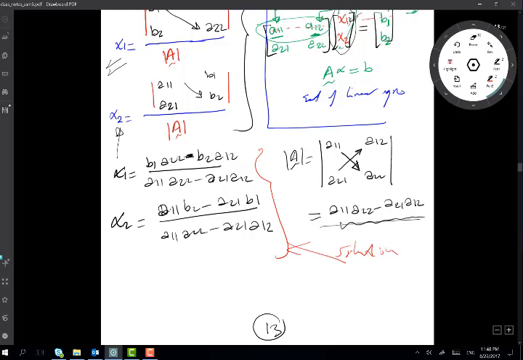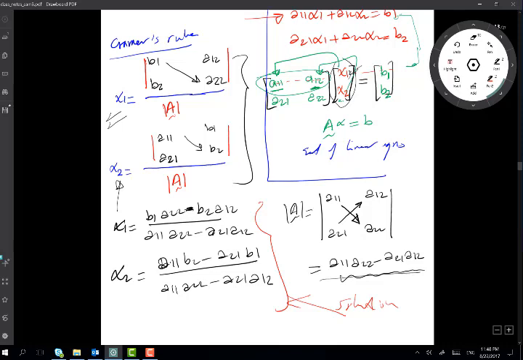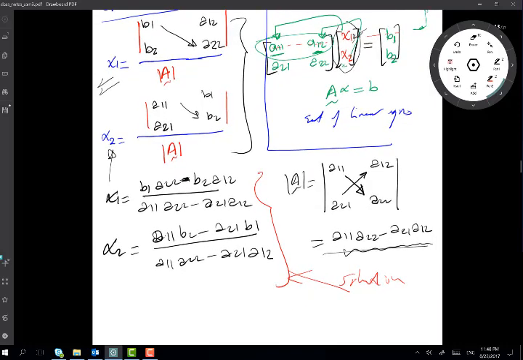Now, as I said, you need to realize I divide by the determinant, right? So what will happen if the determinant is 0? I will explain this in the context of linkage.